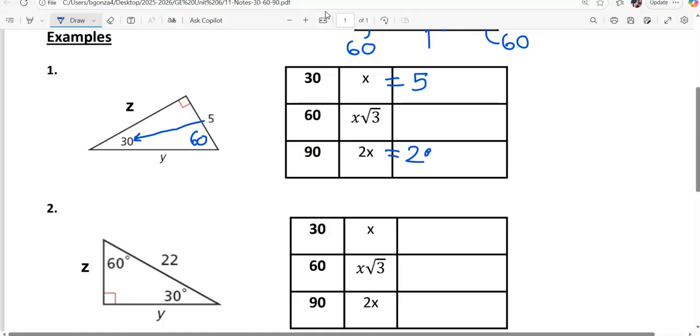It is 10. Doubling 5. Okay, so I can label that on here. Now this is across from 90, not across from 60. And here's the weird one. Across from 60 is x square root of 3.